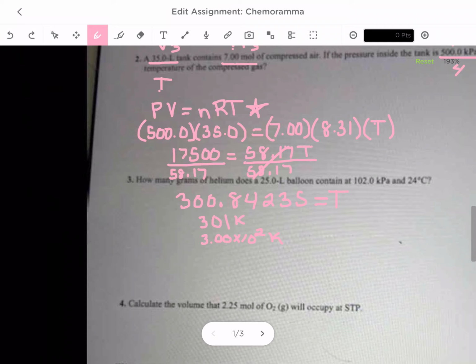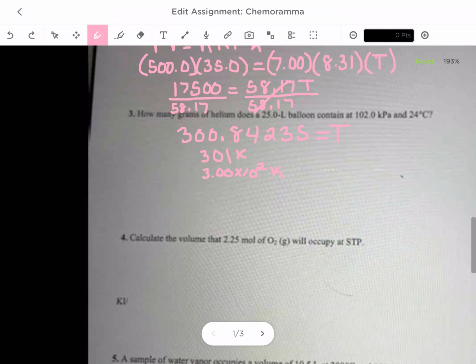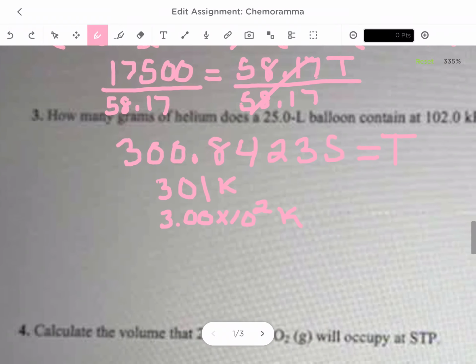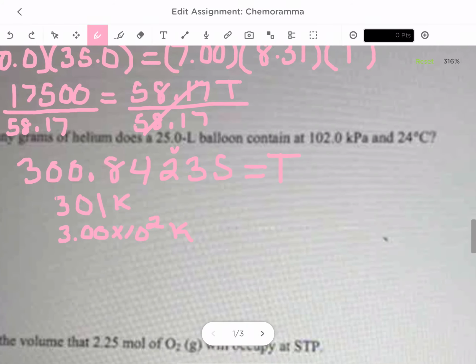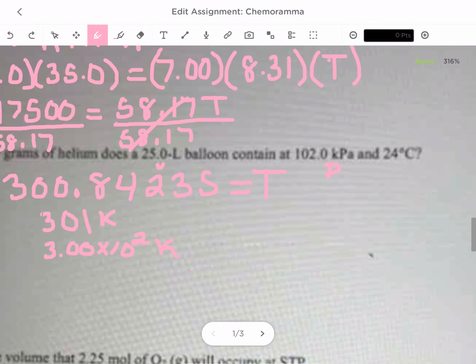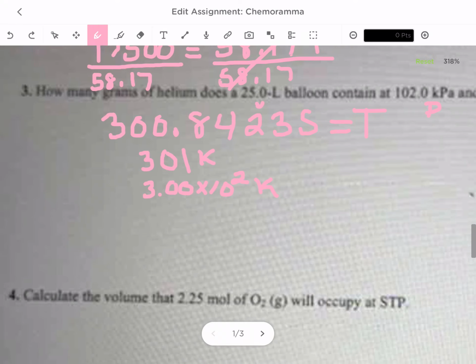If you do them this way and follow those steps, it's 385 bazillion times easier. This one right here, I'm just looking ahead for you guys, trying to see if you're going to have any roadblocks. This says how many grams of helium; this is a volume, this is a pressure, this is the temperature. Now this is a tricky problem because it's asking for grams.